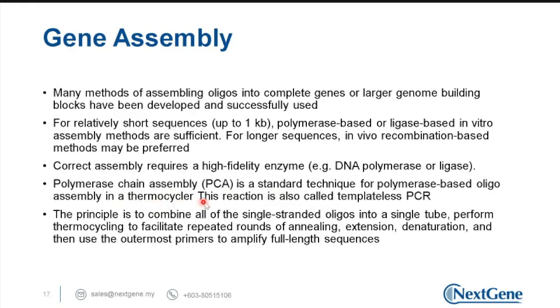Okay, so this reaction is actually templateless, and the principle is to combine all the short oligos originating from different parts of the sequence of interest into a single tube. Then we perform some temperature changes to facilitate repeated rounds of annealing, extension, and denaturation. And then we use the outermost primers to amplify the full-length sequences.